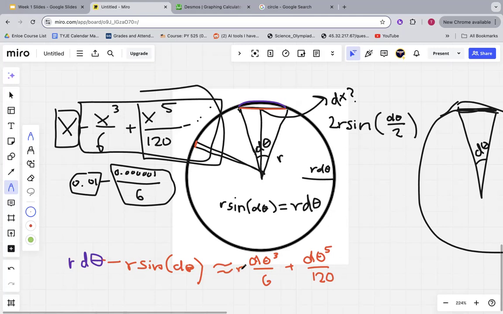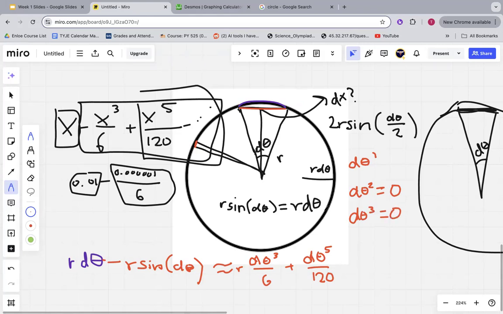So d theta to the power of 1, first order, matters, but d theta to the power of 2, we say that's equal to 0. Or d theta to the power of 3, we say that's 0, and so on for all of this.